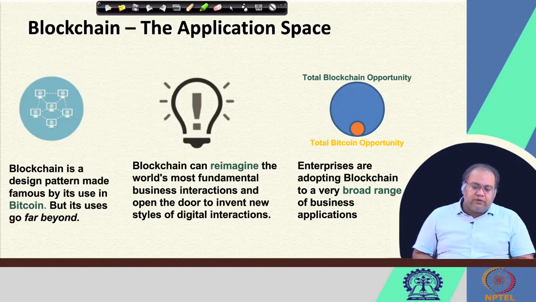To start with, let me revisit the application space of blockchain, just as a recap of what we have covered till now. Blockchain is a design pattern which was initially made famous by its use in Bitcoin.